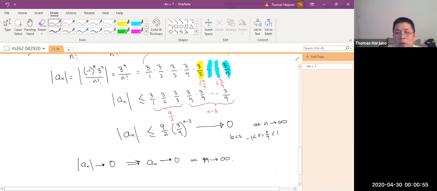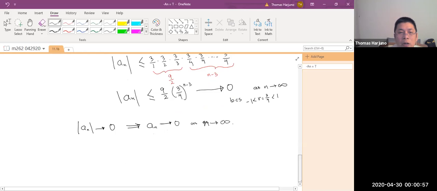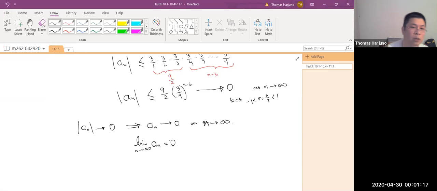By the way, the notation I use here is a shorthand of the limit as n goes to infinity of a sub n equals 0. That's just the same notation. But once you write limit, then you have to keep on writing limit.